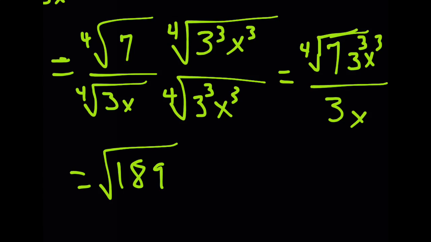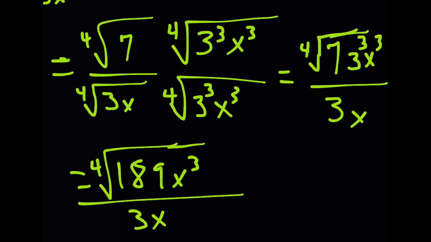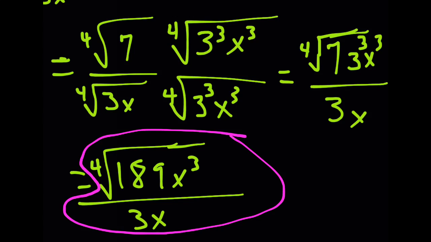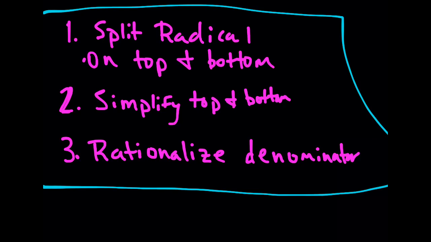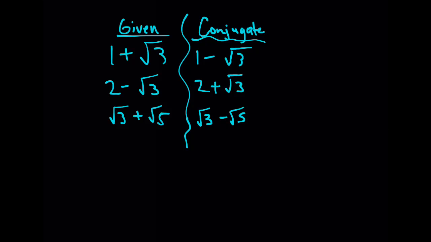So we'd have the 4th root of 189 x to the 3rd over 3x. Did you not pull stuff out of 189? I thought you were asking if I.